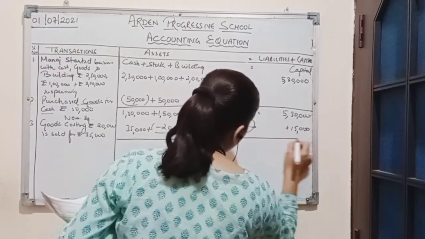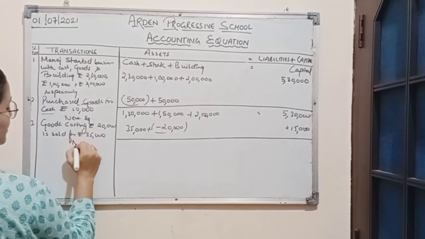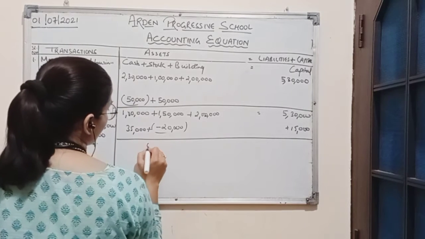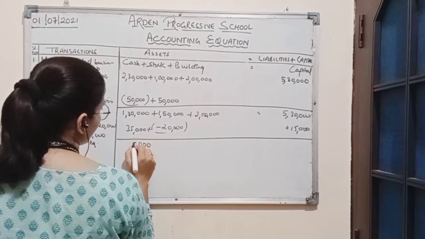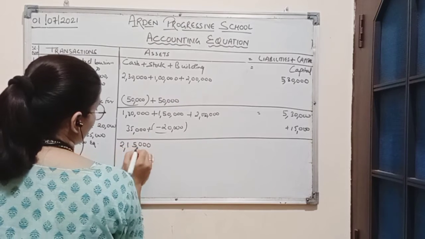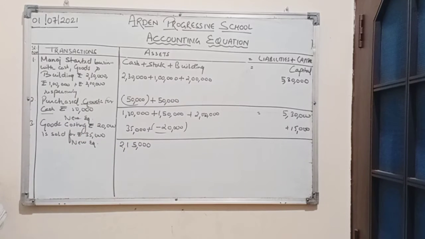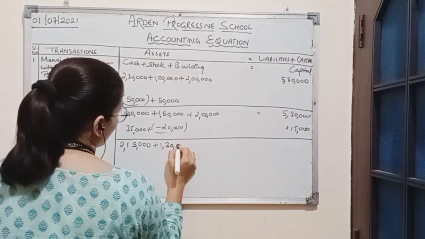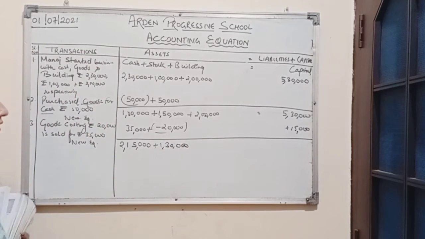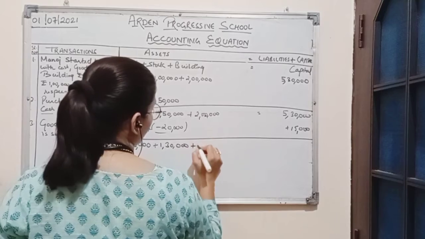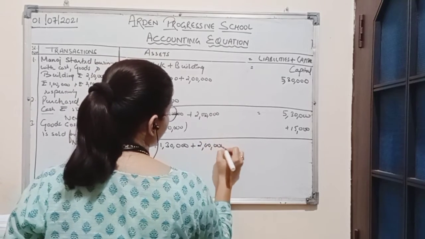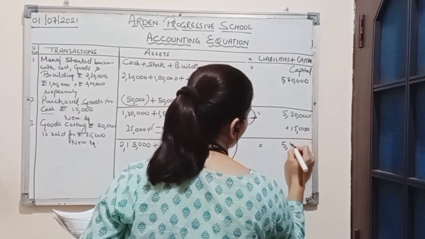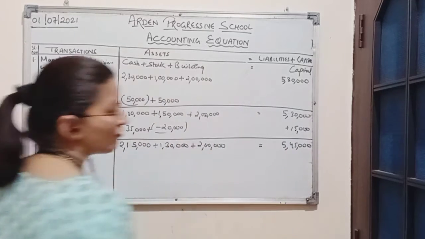So by solving these two effects, we will get a new equation here where cash is rupees 2,15,000, stock rupees 1,30,000, building rupees 2 lakh, and capital amounting to rupees 5,45,000.